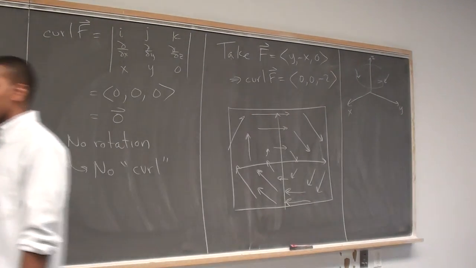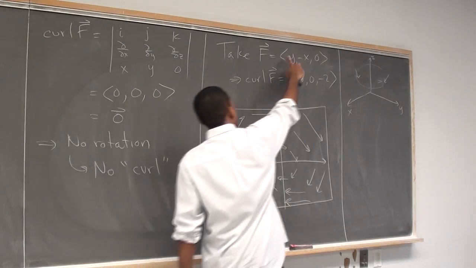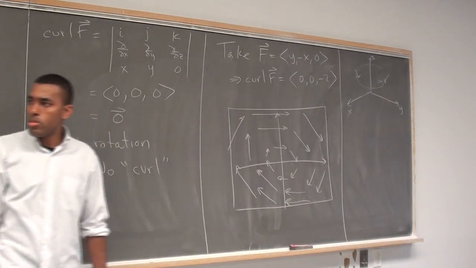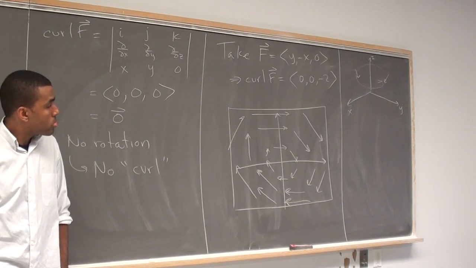So is there a clockwise or counterclockwise association with curl being negative or positive? Yes. Well, in this case, it wouldn't make a difference because the z component is negative. But if I put a negative here and a positive here, it would go the other way. So it's rotating around the z-axis, in the plane of the xy.